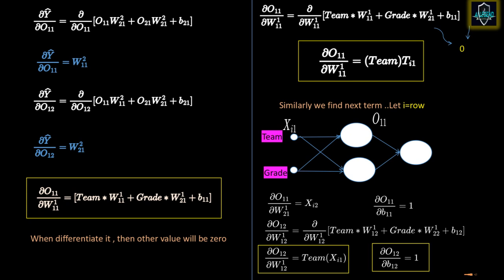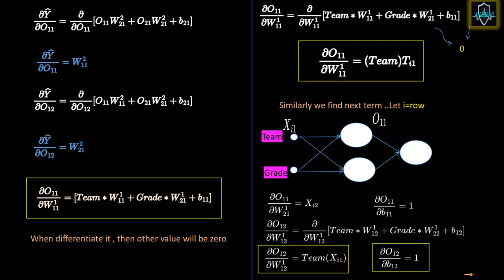Now next, del O11 over del W111. That is x1 times W111 plus x2 times W121 plus bias, we have here B11. When differentiated, the other values will be 0. As you are seeing in the figure, we are giving the input as xi to avoid confusion and not make it difficult.